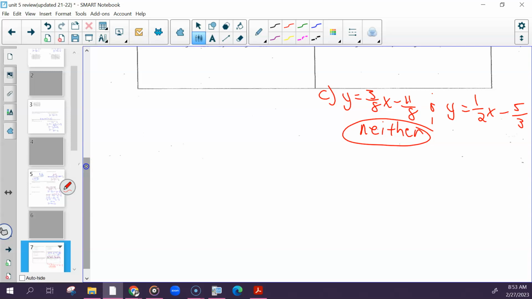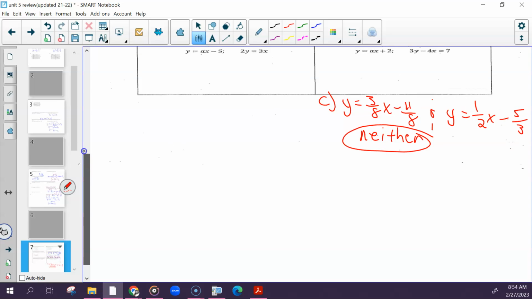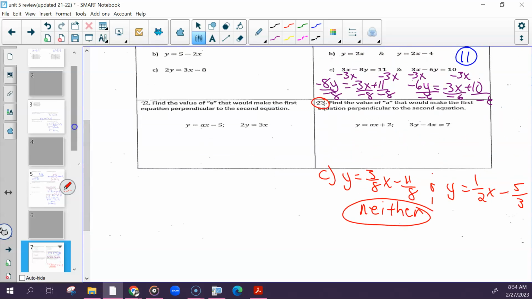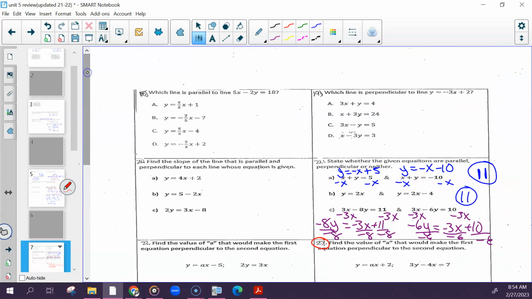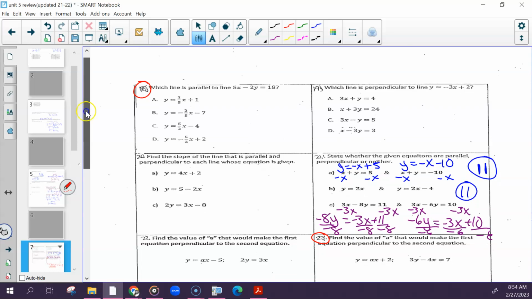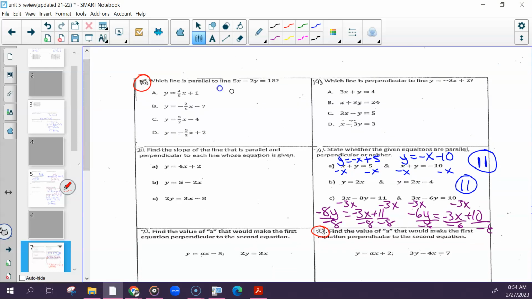Other questions on this page? 18, yes. And then Kevin, did you have a question? 23. Okay, so let's do 18 first. We have to solve this in order to figure out which one is parallel.